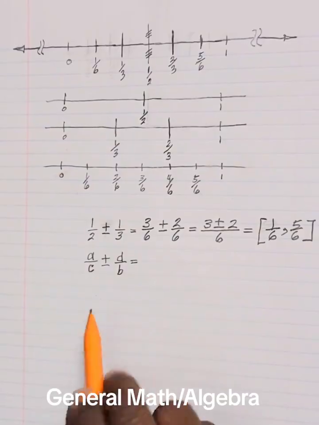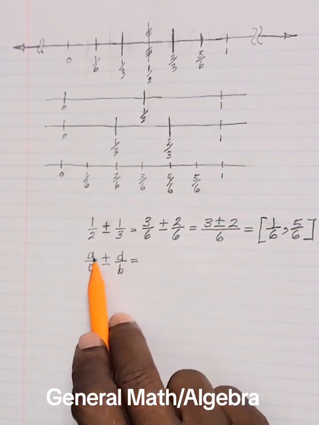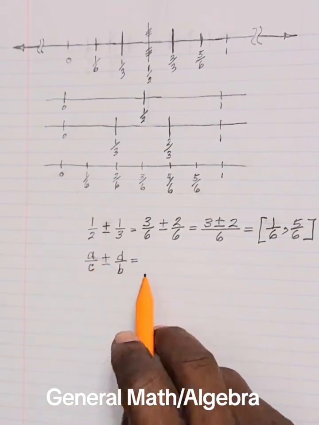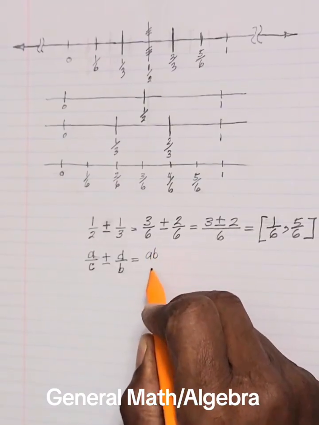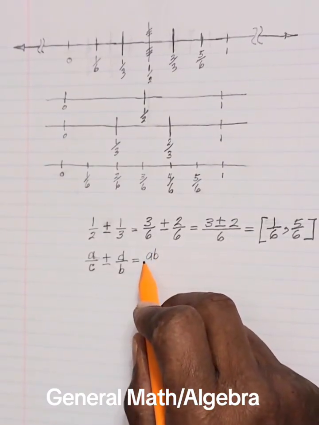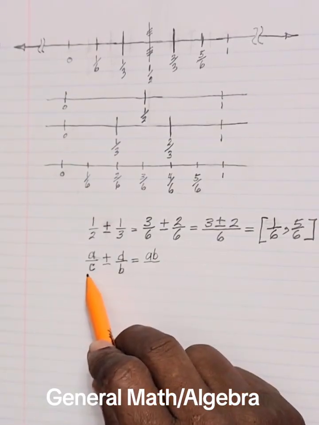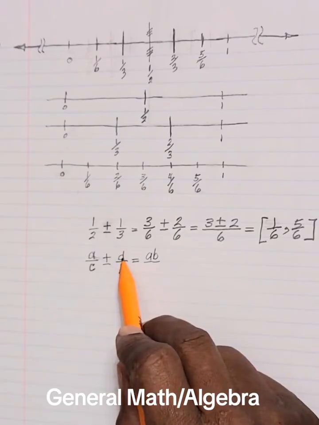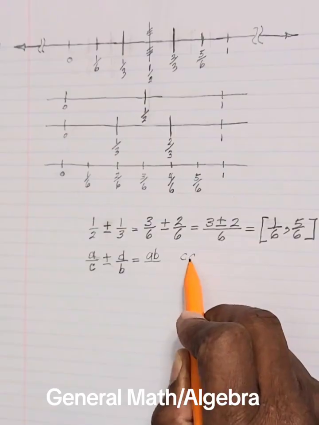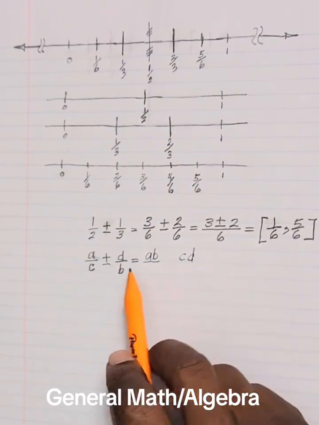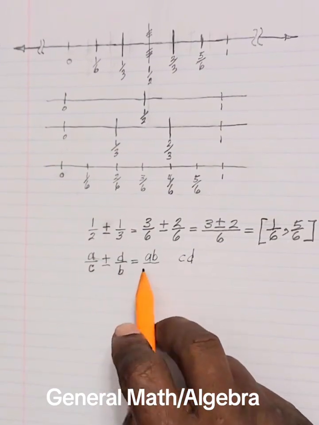If we multiplied A times B and put the answer here, right? In other words, A times B, okay? And then we multiply C times D and put that over here. And then we multiply C times B and put that down here.